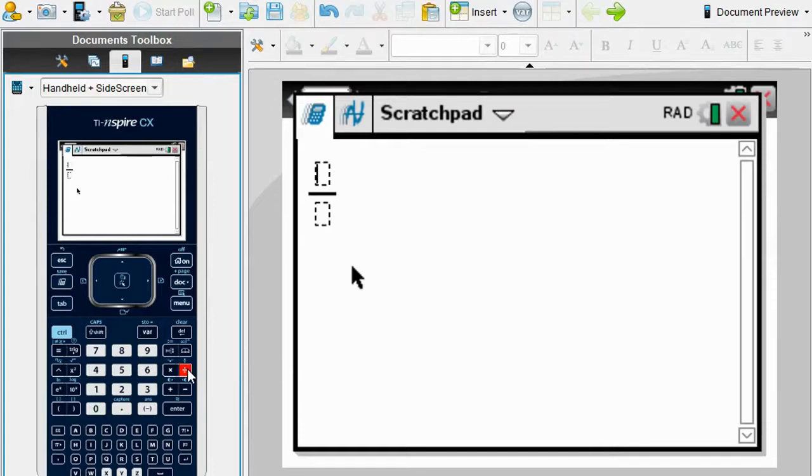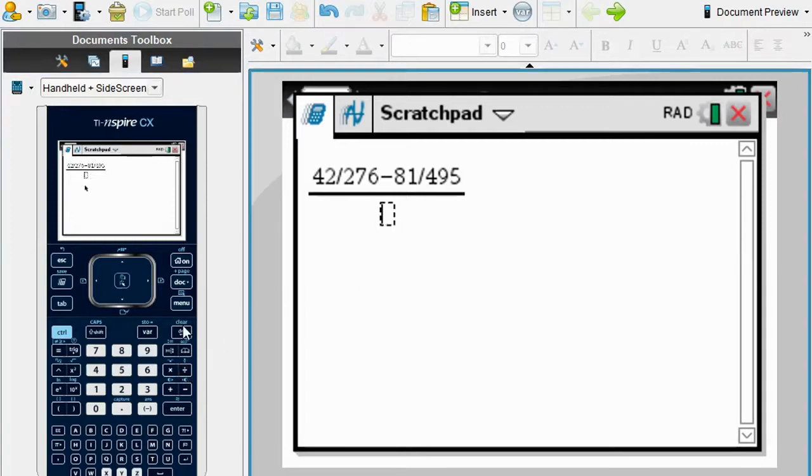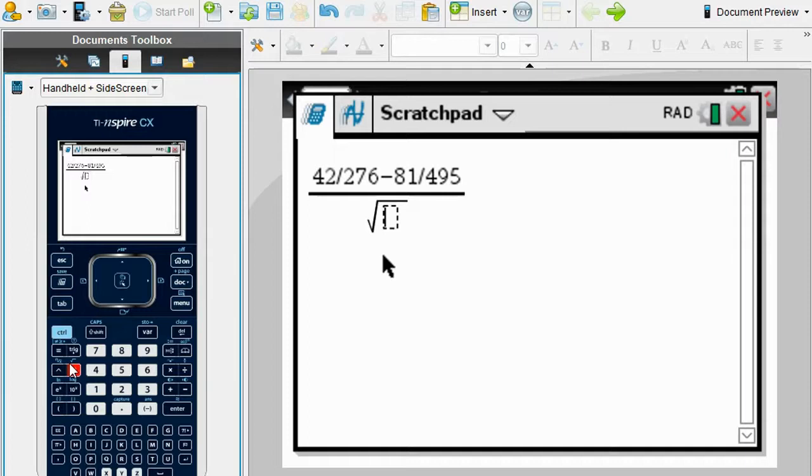So let's just practice. Mateo, 42 out of 276, minus Mr. Garcia, 81 out of 495, divided by the square root of 0.19. Let me just use a rounded number.